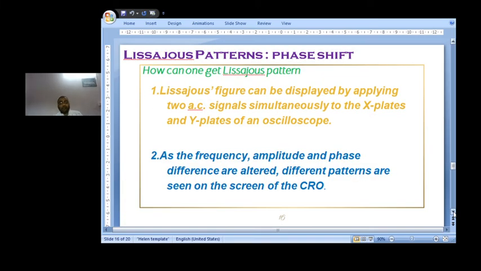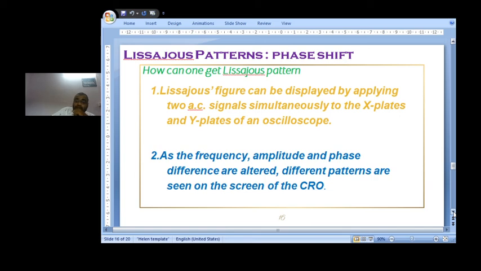Now one important procedure for measuring phase shift is the Lissajous pattern. Lissajous patterns, as you know, are displayed by applying two AC signals simultaneously to the X plate and the Y plate of an oscilloscope.